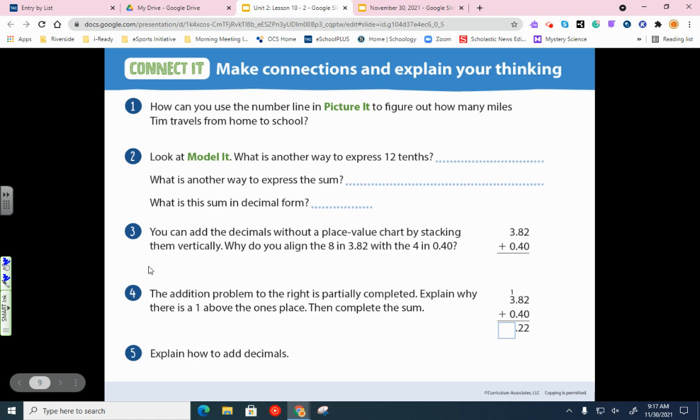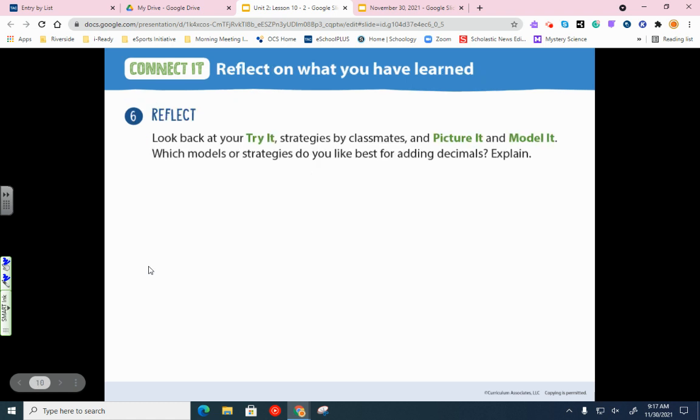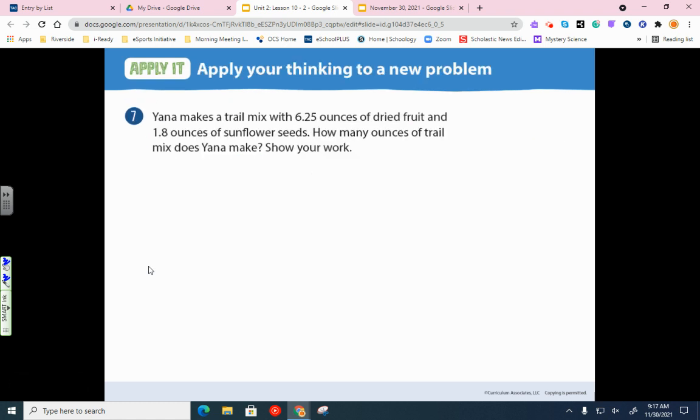All right, cross off 6, and then let's do these last 3 problems here in the back. Yana makes a trail mix with 6 and 2/25 ounces of dried fruit and 1 and 8/10 ounces of sunflower seeds. So we're dealing with hundredths and tenths, excuse me. How many ounces of trail mix does Yana make? Show your work. Let's do 6.25.